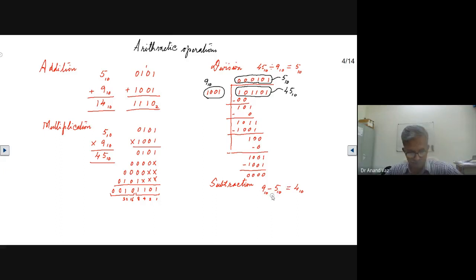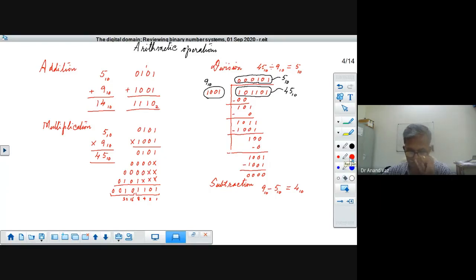For this we'll need the representation of negative numbers. How do we represent minus 5 in binary? A machine performs subtraction by addition of a negative number. Okay? So this is important.